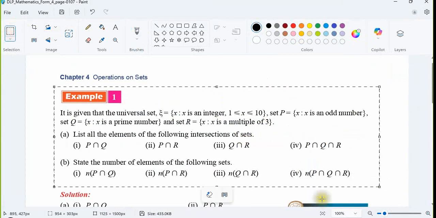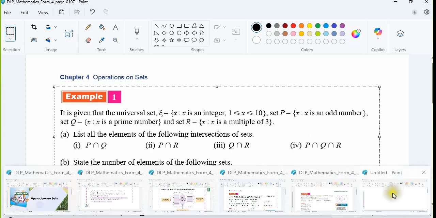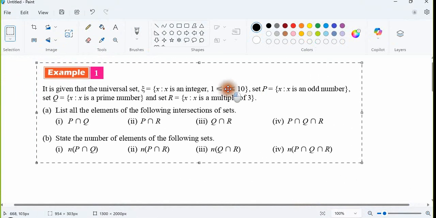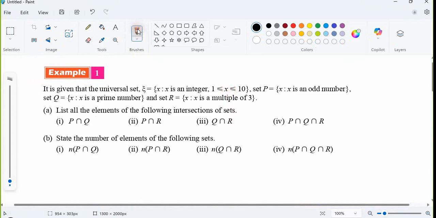For example number 1, it's given that the universal set is from 1 until 10. So the universal set is 1, 2, 3, 4, 5, 6, 7, 8, 9, and 10.